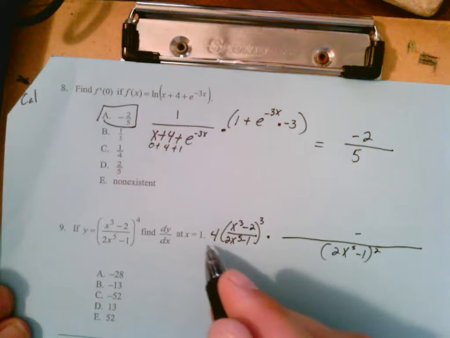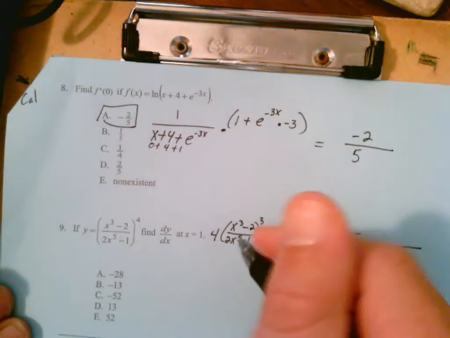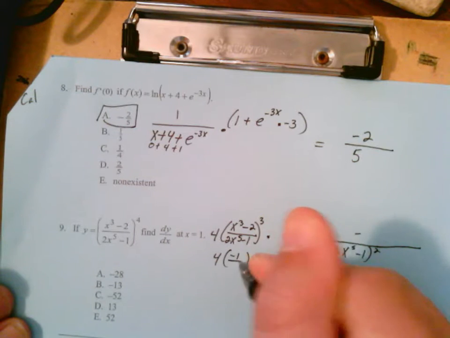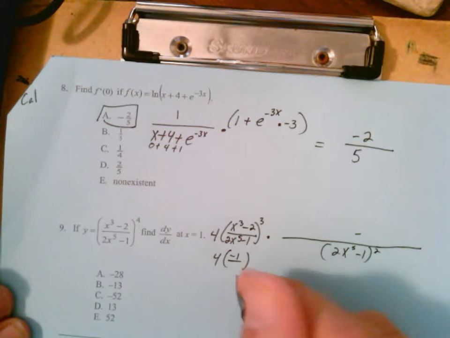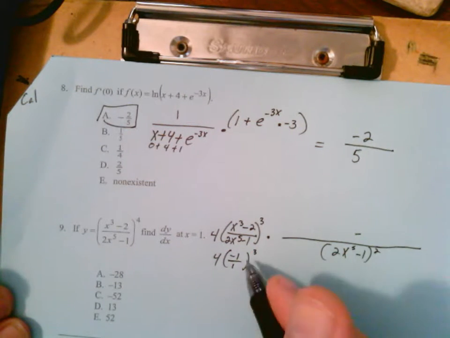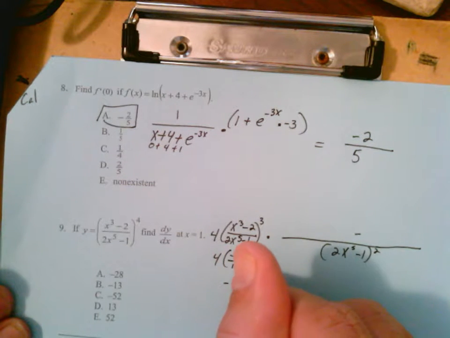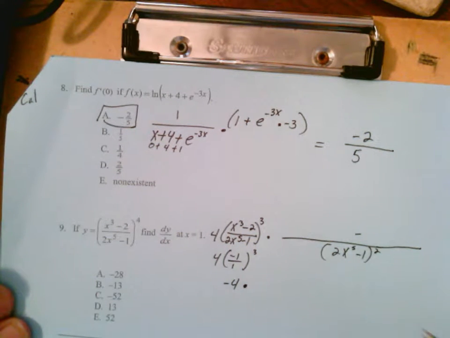Okay, go ahead and plug 1 in here. I get 1 minus 2 is negative 1. 1 here, I get 1. Negative 1 cubed is still negative 1, so that makes it a negative 4. Now the quotient rule.